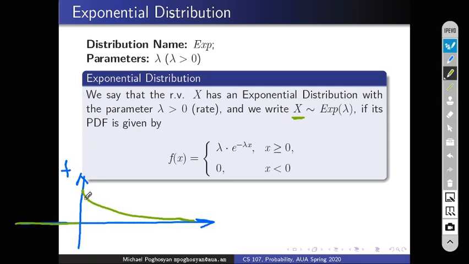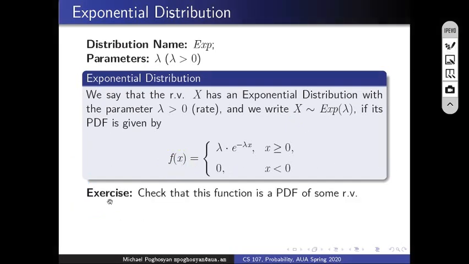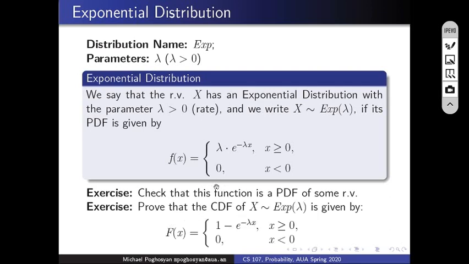And it is easy to check just by integration that this f is a legitimate PDF. So the integral over minus infinity to plus infinity, over the real line, of this function is 1. This is a small exercise. You can prove that the integral of this is 1 over the real line.